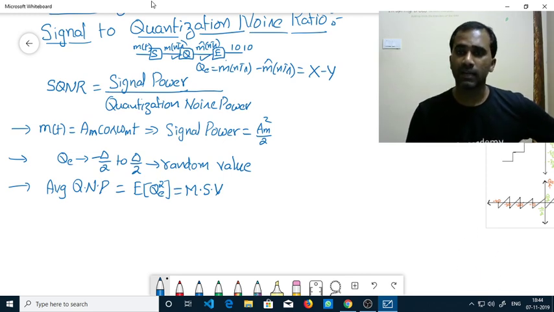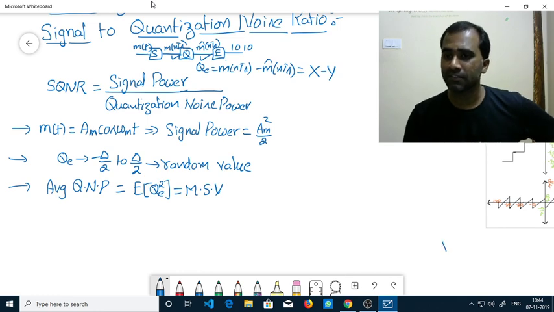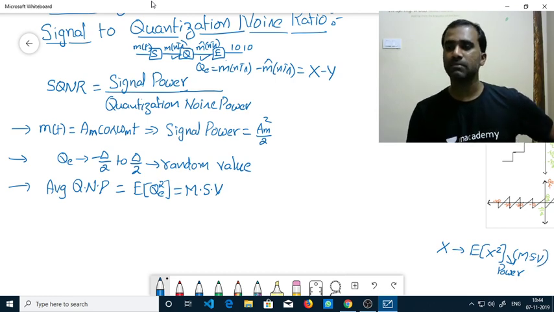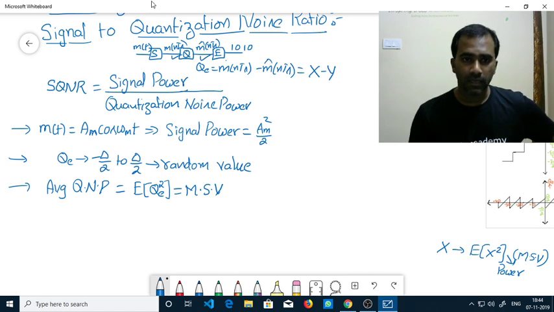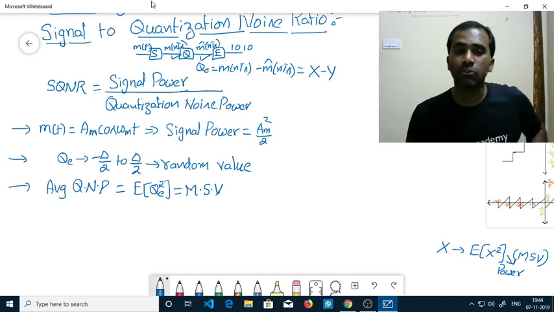But since I'm talking about a random signal, if x is a random signal, power in x is found using expectation of x square, also called the mean square value. This is the way to find the power in any random signal. Similarly, quantization error is a random signal, so this is how you find the power in quantization error.